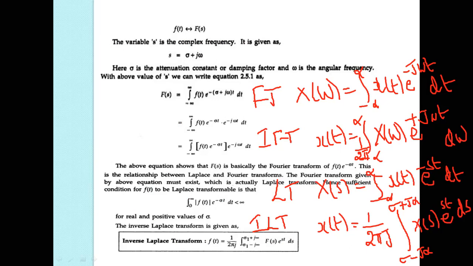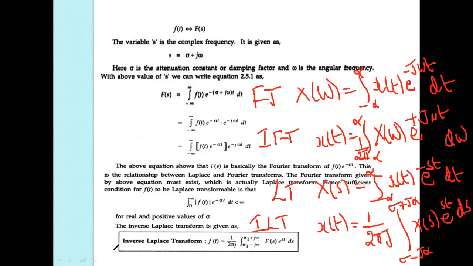The only difference is that s is a complex frequency, so 1 by 2 pi j, and the limits are sigma minus j infinity to sigma plus j infinity.